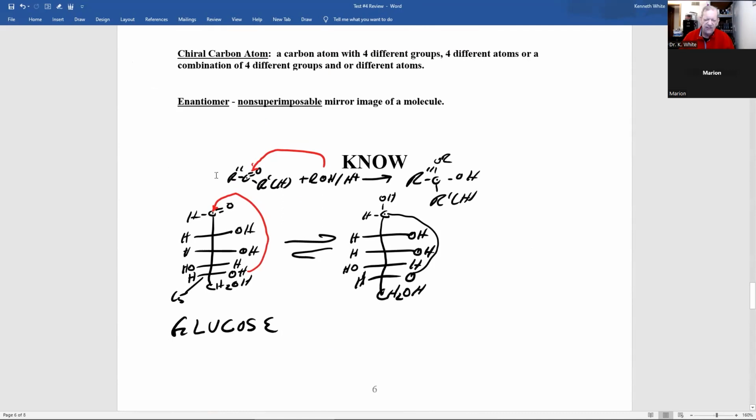From test number 2, you learned that if you have an aldehyde or ketone, alcohol, and acid, you get a hemiacetal or hemiketal. When both functional groups are in the same molecule, you don't need the acid catalyst. And here on C5, this alcohol attacks this carbonyl and forms this hemiacetal. You should know this reaction.